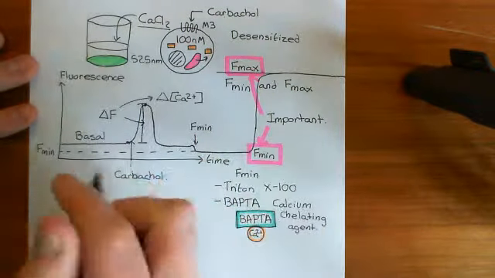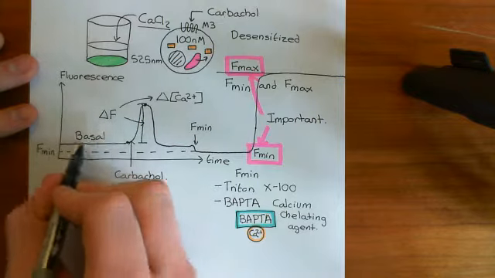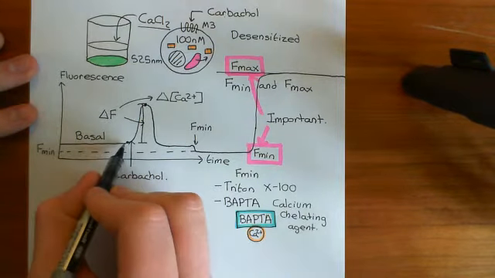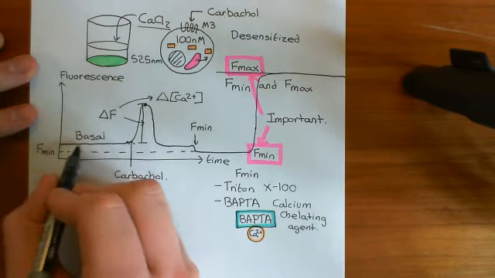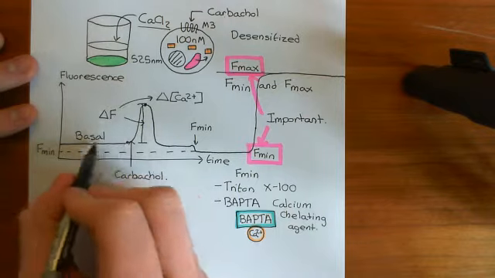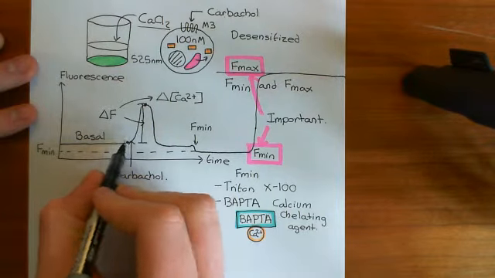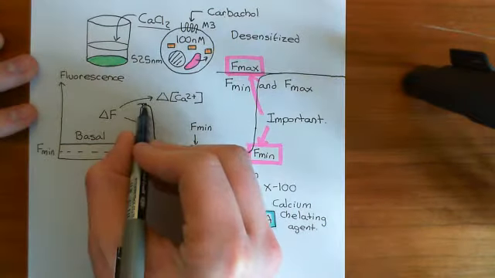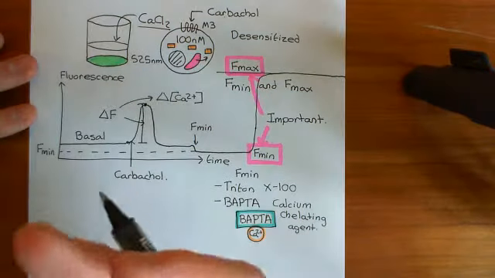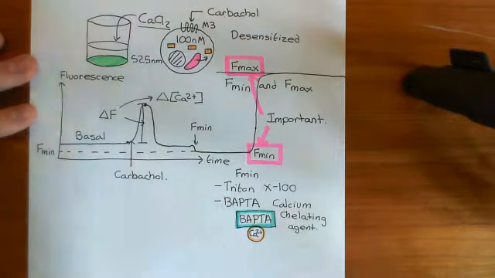We would like to know what intracellular calcium concentration these Fluo-4 molecules were exposed to in order to give us this basal level of fluorescence here. Then we'd like to ask, at this peak here, what concentration of calcium in the cytoplasm were the Fluo-4 molecules exposed to to give us that peak value of fluorescence.